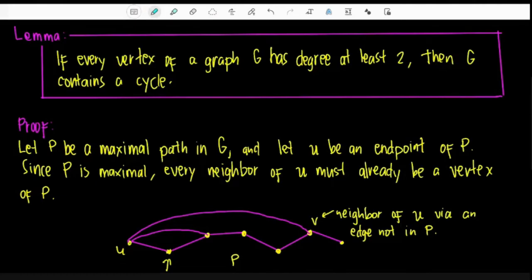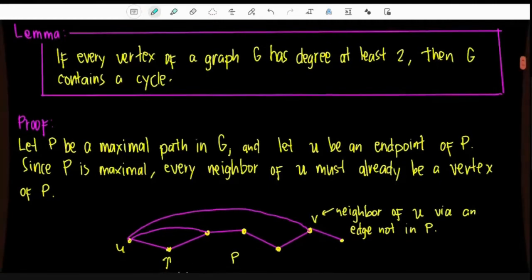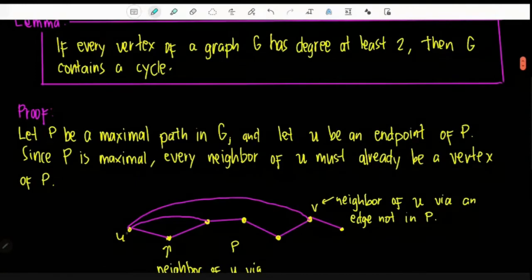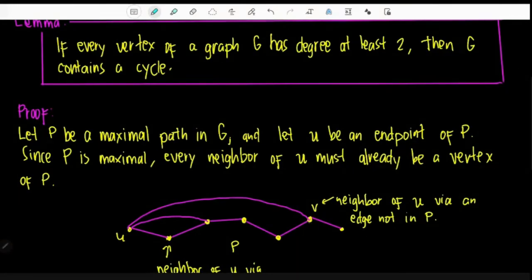Let P be a maximal path in G. So meaning it's a path of longest possible length, and let U be an endpoint of P. So suppose this is our path of maximum length from U up to this endpoint. Now, since P is maximal, then every neighbor of U must already be a vertex of P. Why is that?